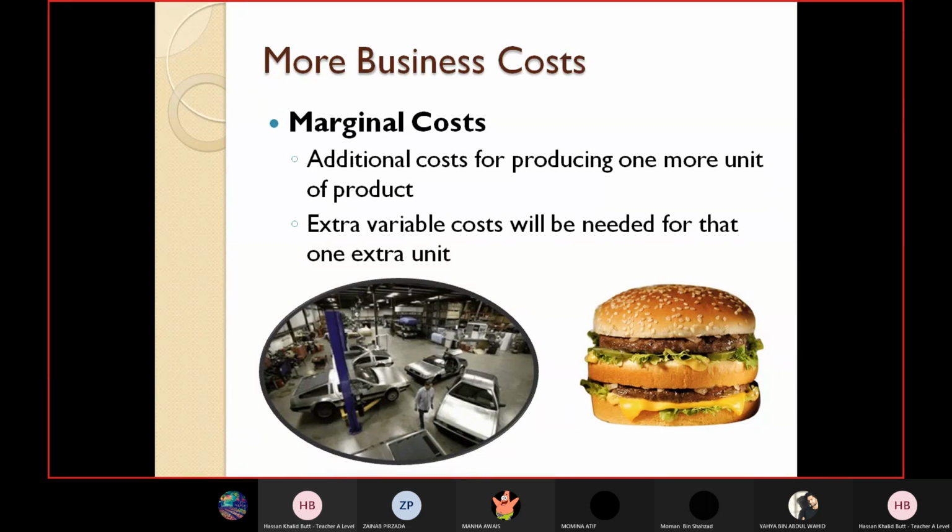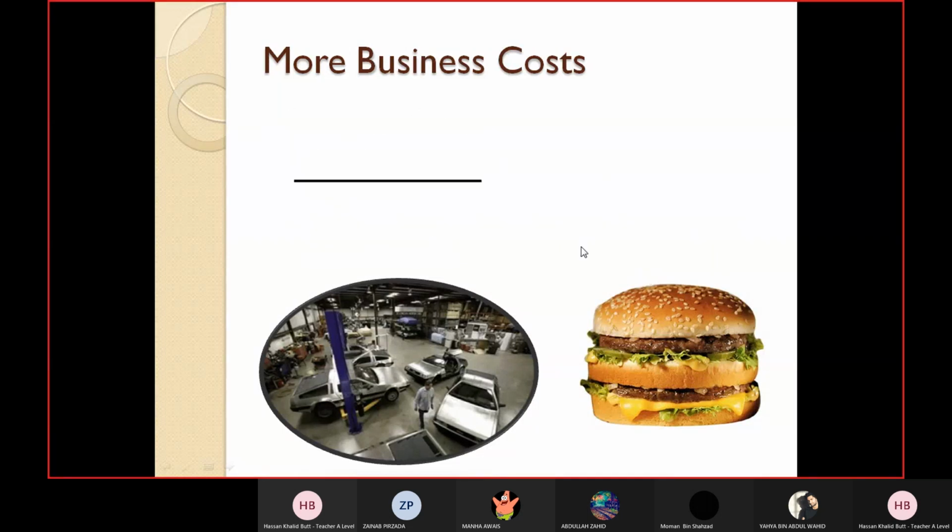Fixed cost does not vary with the level of output. So if you are adding one more unit and your cost is increasing, this is just because of variable cost. You know that we discussed it earlier. So that's why I said that the marginal cost will be the extra variable cost. Only variable cost changes with the change in the number of units.